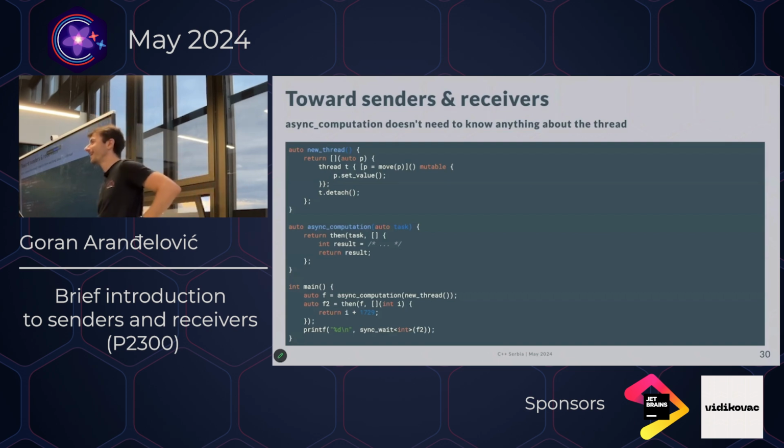I will call this the then combinator. With this then combinator, we can combine the first operation, the thread creation, this scheduling, and we can call then async computation. Then new thread async computation.